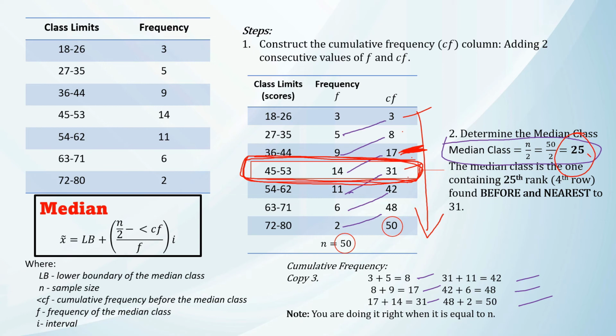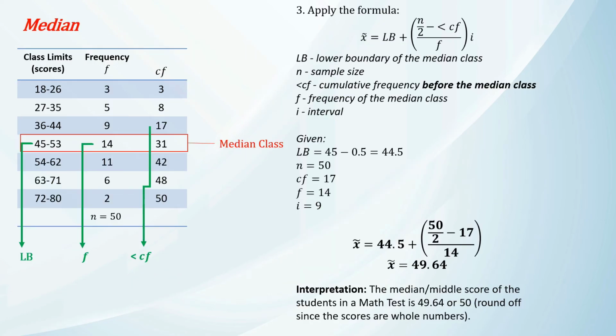Okay. So, now, let's solve for the median using the formula. In number 3, you are going to apply this formula. Given the median class, this is the median class, you will get the important numbers in this formula.